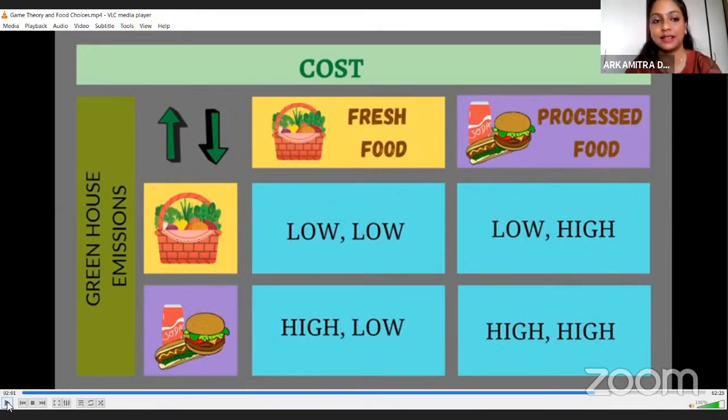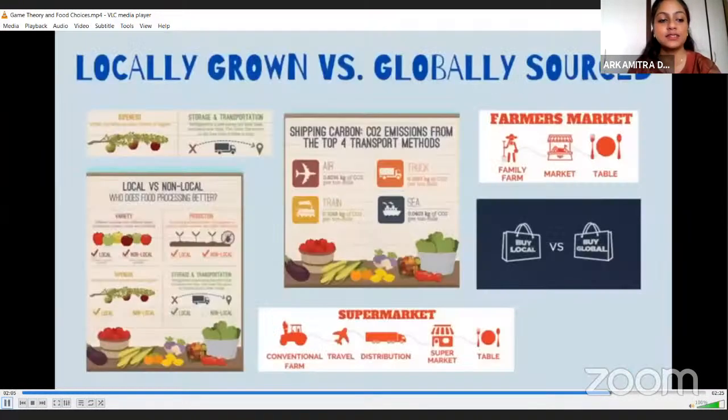Okay. Moving on, the last segment that we have is regarding locally grown and locally sourced food. This draws heavily from local and fresh food or processed and globally sourced food.